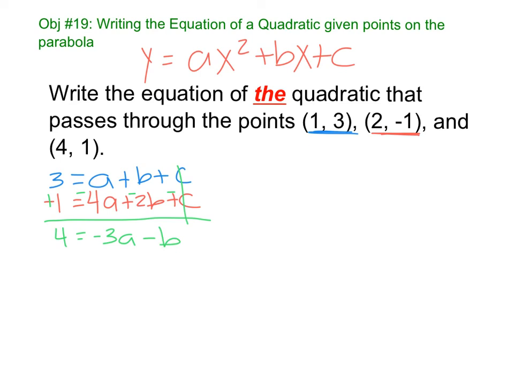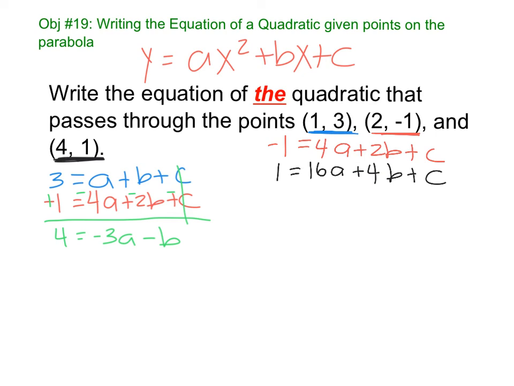So that was blue and red. So now I'm going to do red and black. So I'm going to rewrite my red. -1 equals 4a plus 2b plus c. And now I'm going to do the black one. 1 equals 4 squared is 16 plus 4b plus c.